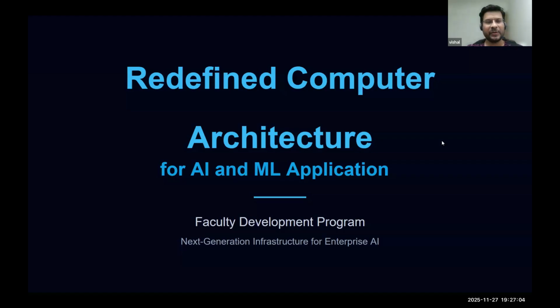Okay, so let me start. This is the continuation from what we discussed yesterday. This is my second session. I'll start with today's topic, which is redefining compute architecture for AI and ML applications, and then connect the dots we left yesterday.